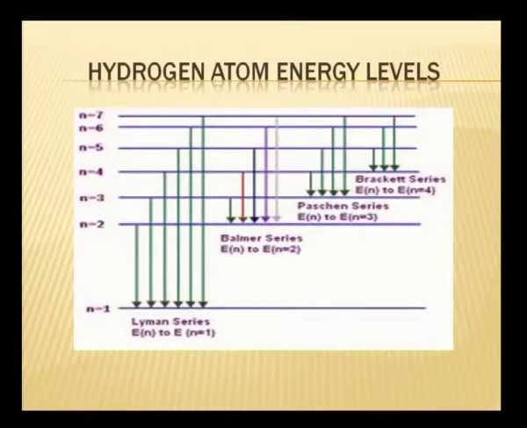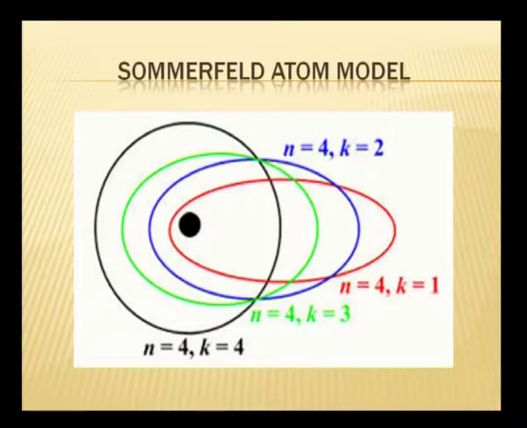The splitting of a spectral line by an electric field was observed by Stark. The Stark effect, the Zeeman effect, and the fine structure I was mentioning just now could not be explained by the Bohr atom model, which led to the Sommerfeld atom model.